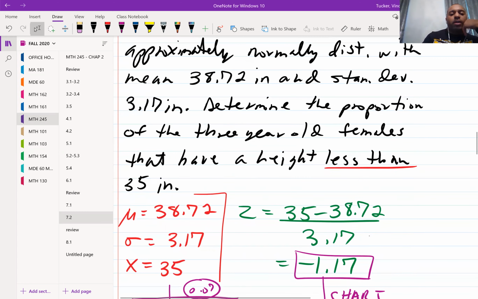All right, so we write down our givens. That's what we have right here. Our mean is 38.72. Standard deviation is 3.17. And our data value in question is 35 inches.